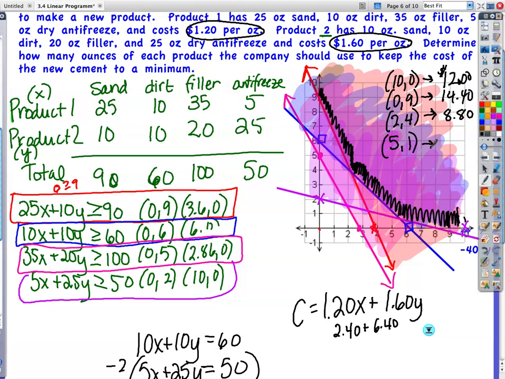And if I put a 5 in for X, that's $6, plus I put a 1 in for Y, that's $1.60. So that's $7.60.